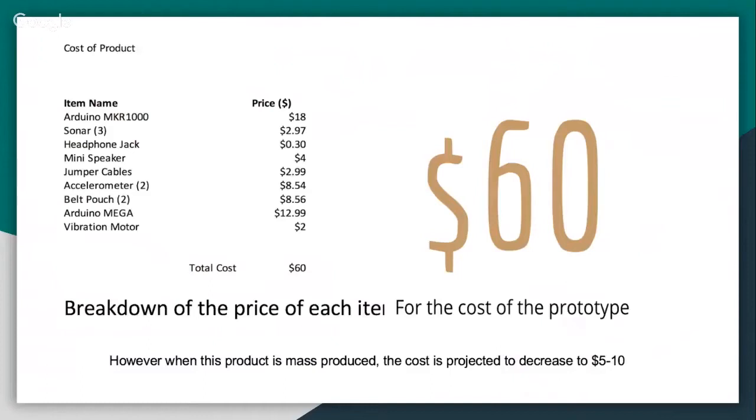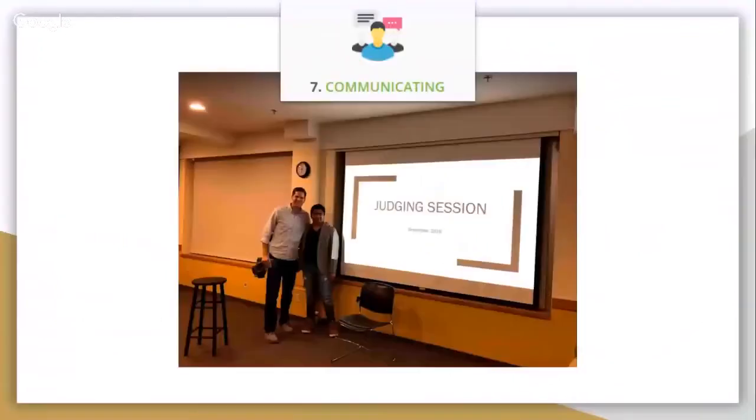Another is that, when mass producing these microcontrollers, you're making a custom-built version. This project only uses maybe around 40 to 50% of the capacity of this microcontroller. When you mass produce it, you can make a smaller, simpler version of it, and you can drive the price down. So the price should be projected to be around $5 to $10.